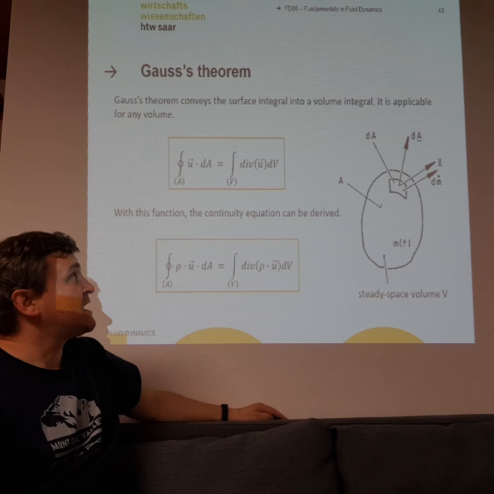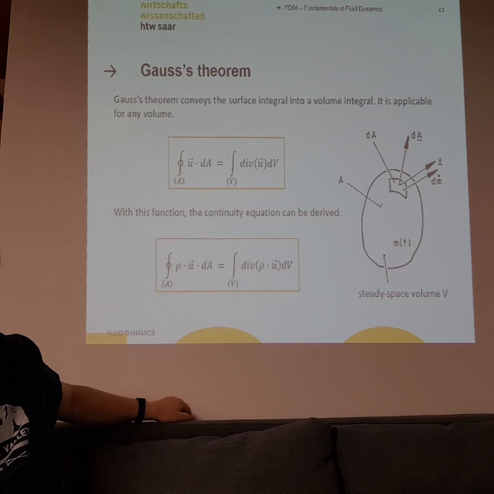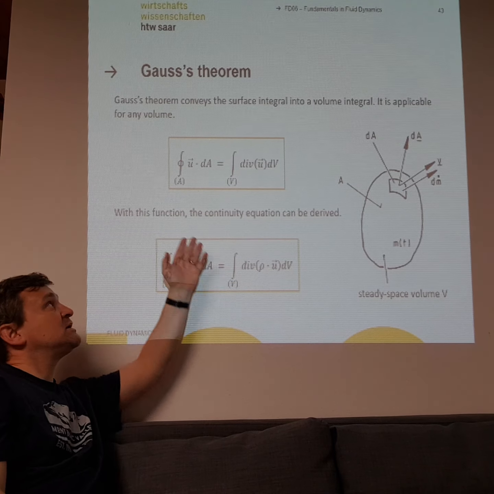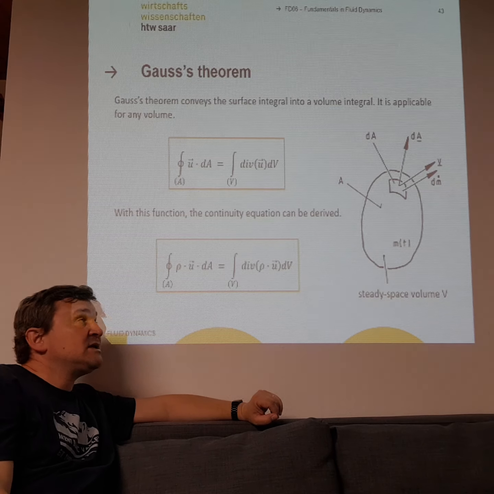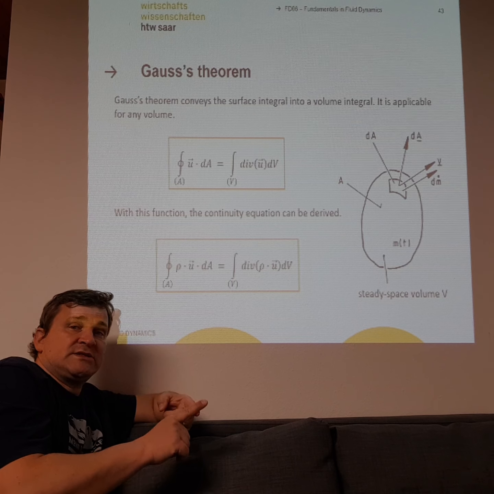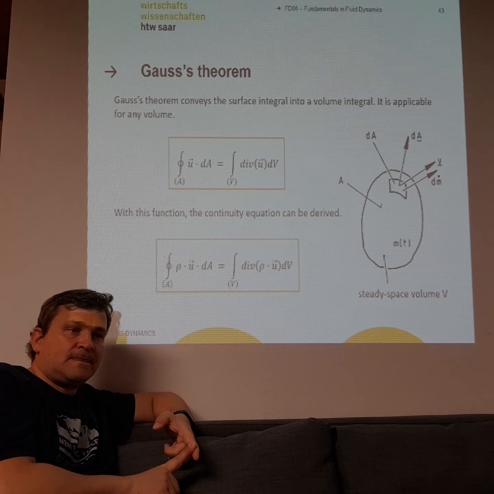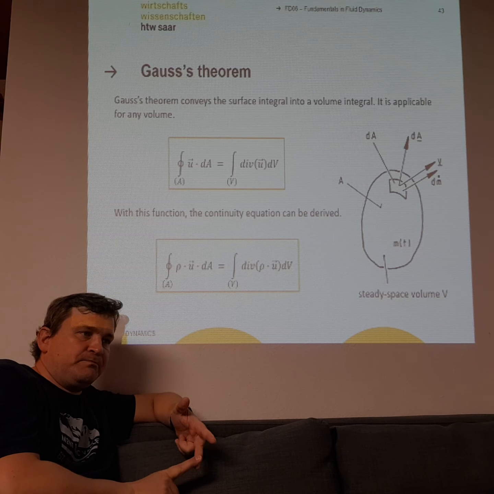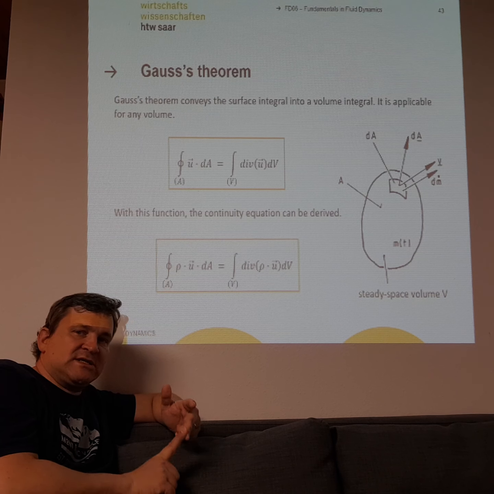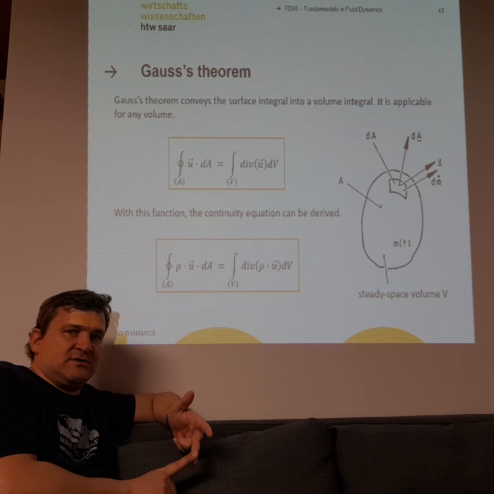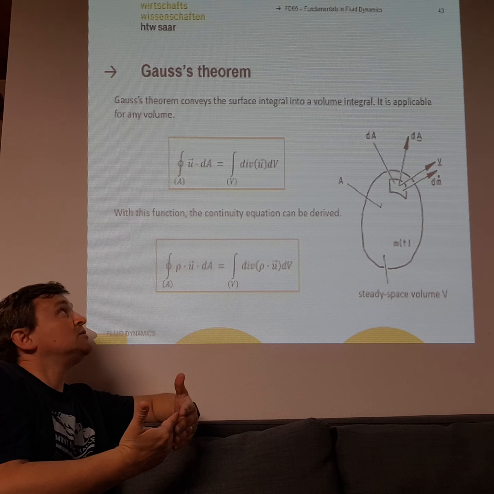And Mr. Gauss formulated another really important theorem that has nothing to do with statistics, but he formulated that when you want to calculate the change inside such a control volume, you must have a look at all the mass that enters or exits a volume. So it sounds a bit logical.